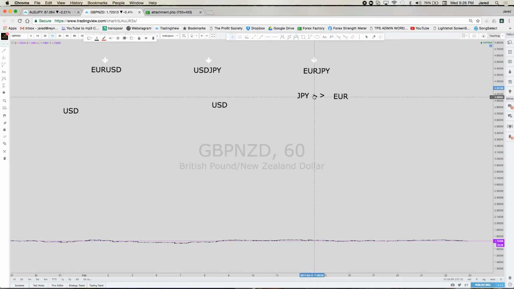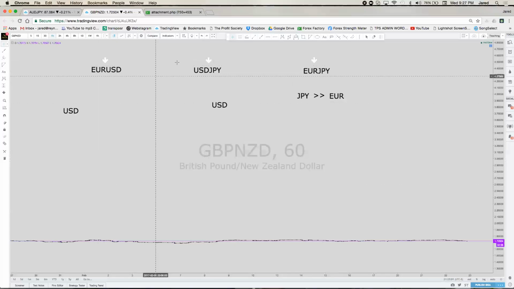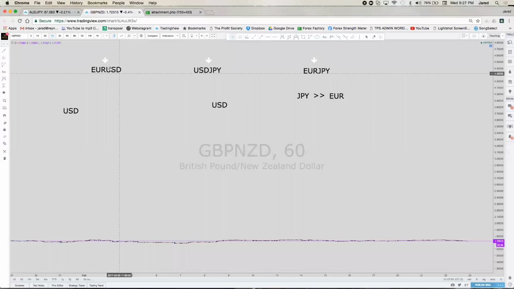Okay? So when everybody's like, they're inverse pairs, they can't go the same direction. Yes, they can. That just means that one pair is stronger than the other. That's all currencies are. A lot of the time, generally, these move opposite. Because the US dollar is a major currency and it runs a lot of the market, therefore, this is what's going to generally move the pair.